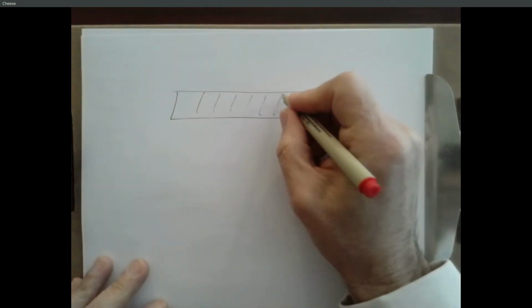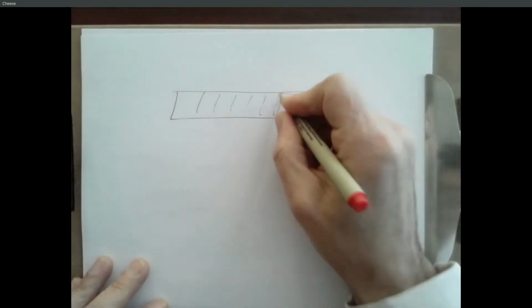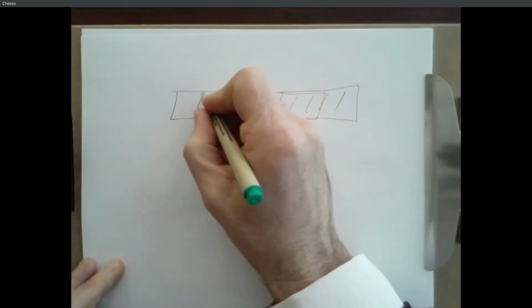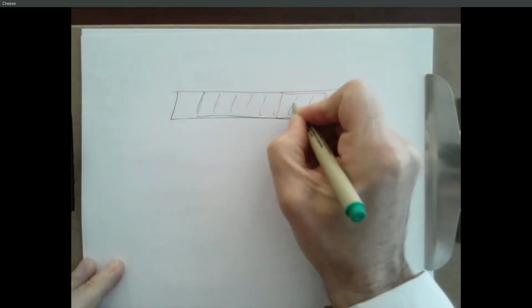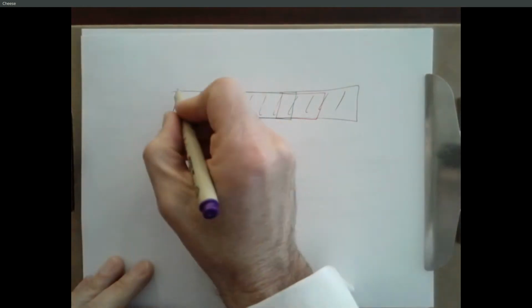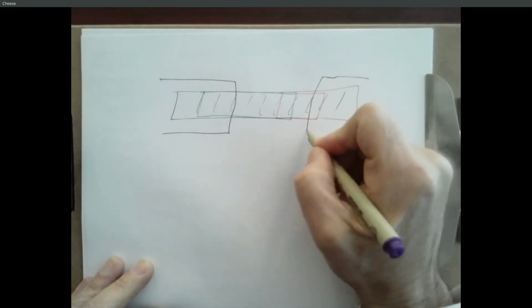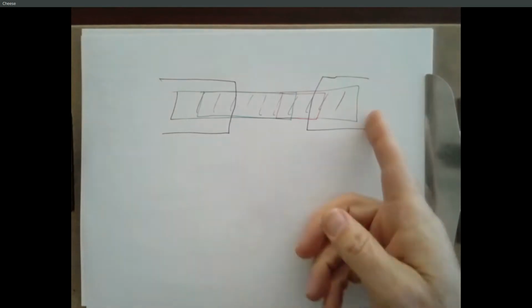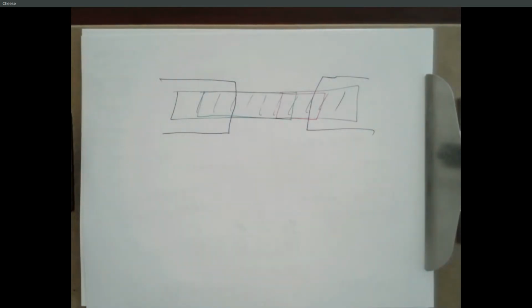And your queue might go from here to here, or it might go from here to here, or it might go from here to here. So it's not always just starting at the beginning and going over to the left. So it can wrap around.